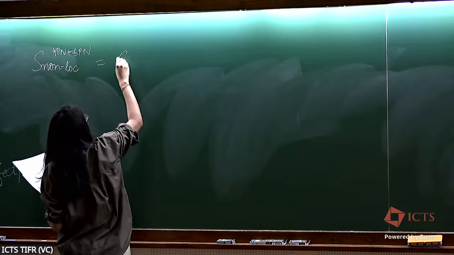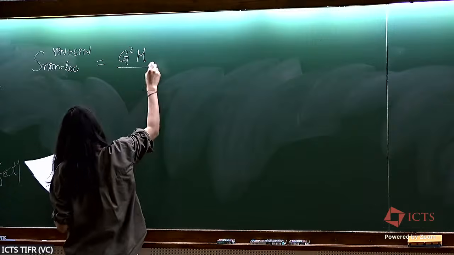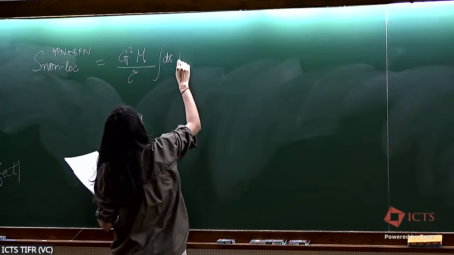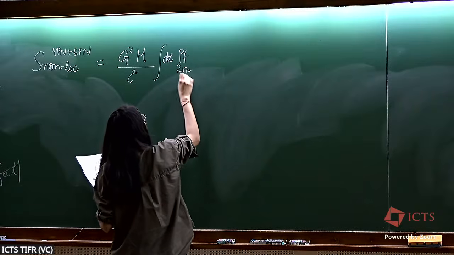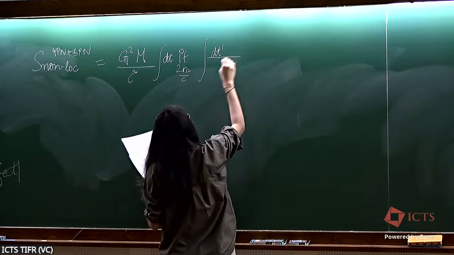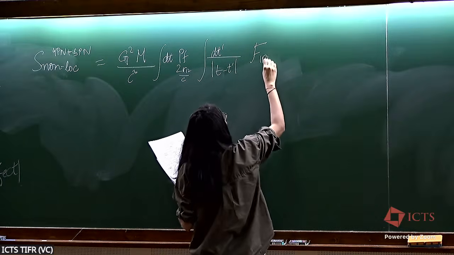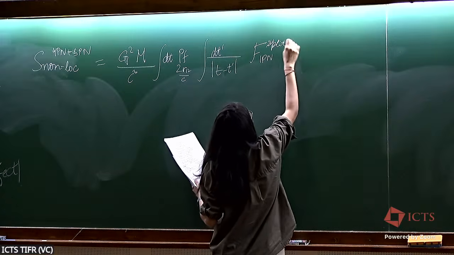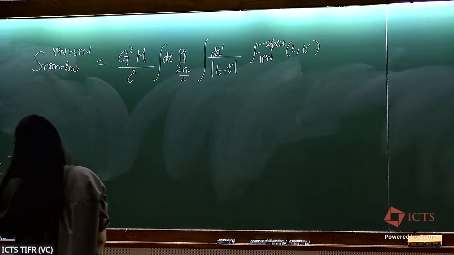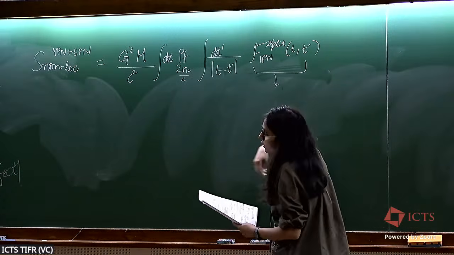Looks like V square. There is some M mass. So this is how the non-local action would look like, and this F1PN is nothing but the flux that we saw in the previous lectures.